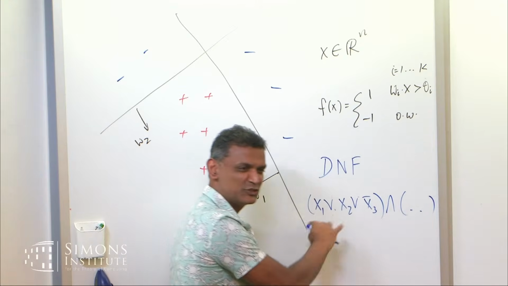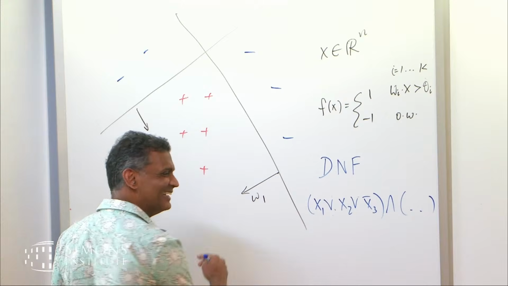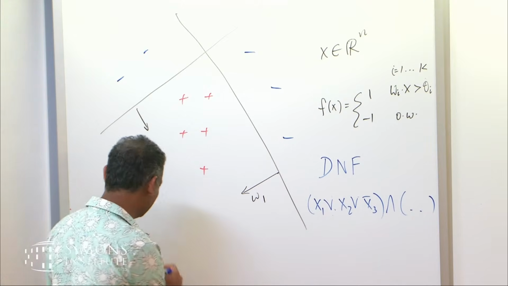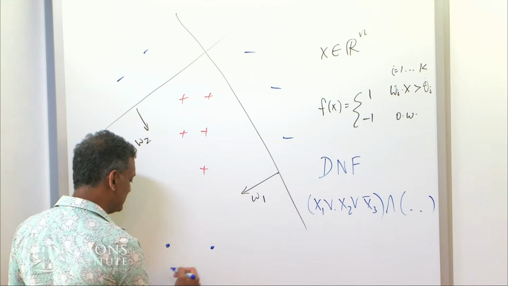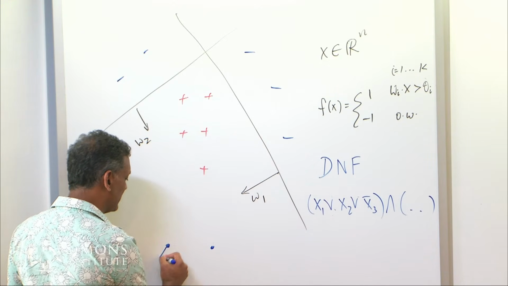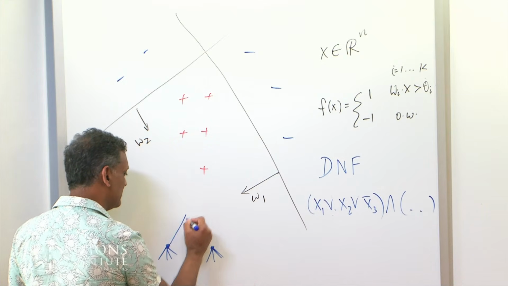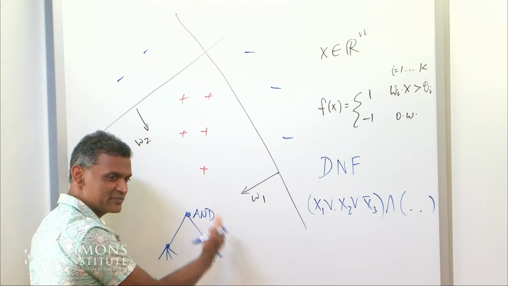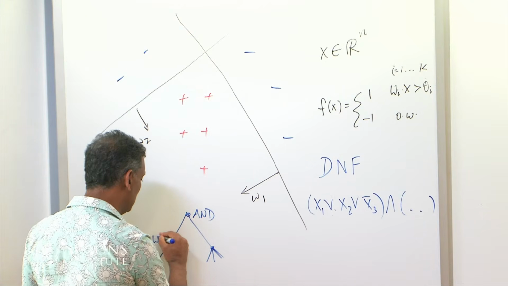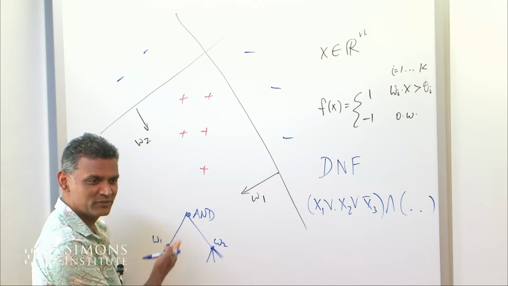Each of these is a hyperplane. The simplest case would be 2 planes. Let me think of each plane as a little threshold function of the same inputs, and then there's one node here, which is the AND. It should be on the positive side of this, W1, and the positive side of this, W2. And so you would call this a 2-layer neural network with 3 nodes.